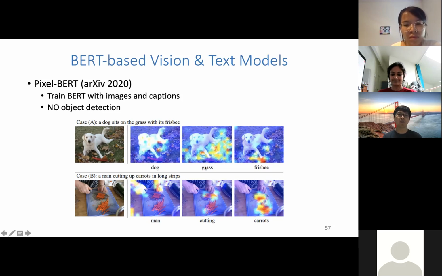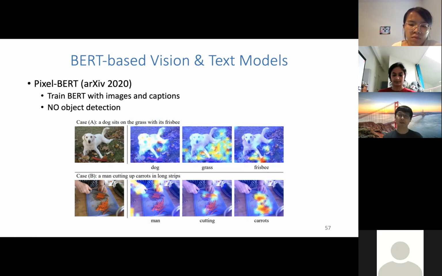Then the word grass is attending to all the grass, and the word frisbee is attending to the frisbee here. So even without the object detection module, if you have enough data, the model will start to learn meaningful relationships between two totally different modalities.